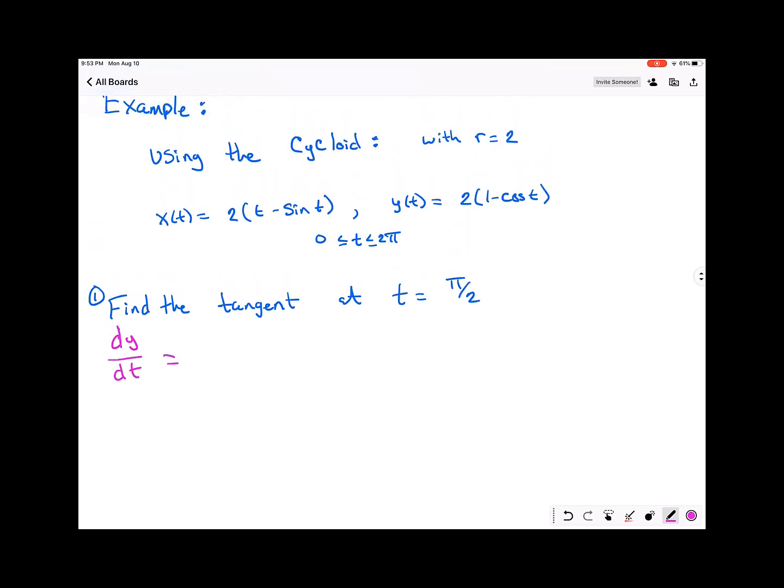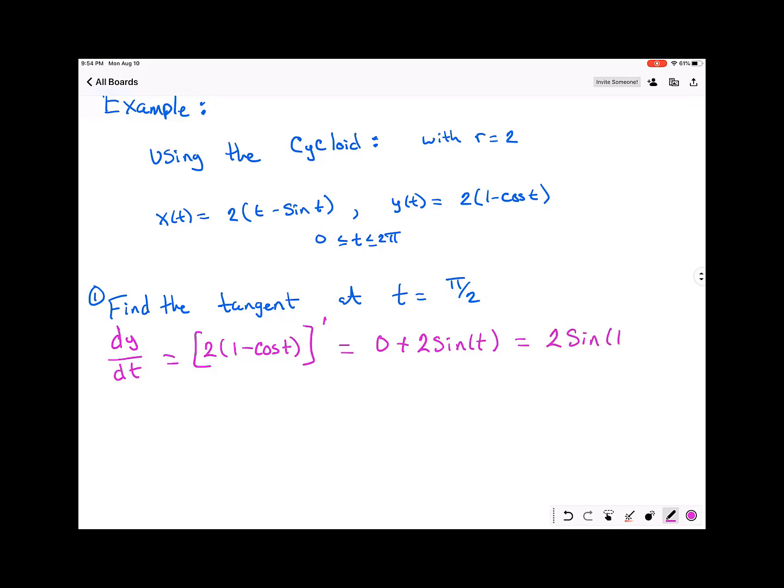So dy/dt would be the derivative of 2 times (1 minus cosine of t) with respect to t. That gives 0 minus 2 times sine of t, multiplied by minus 1, so that would be plus.